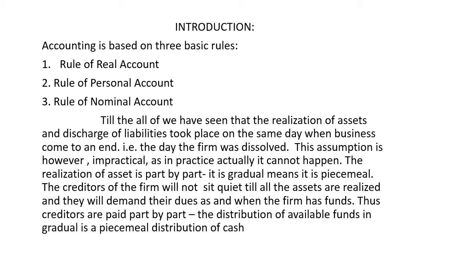The amount is required to be paid to the creditor when the organization has availability of funds on a gradual basis. When the payment is made on a gradual basis, as and when funds are available to the organization, that process is called piecemeal distribution of cash.